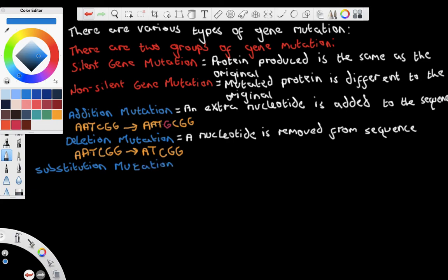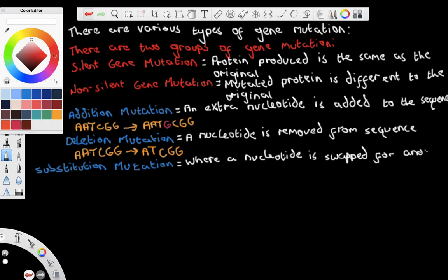A substitution mutation is where one nucleotide is swapped for another with a different base.